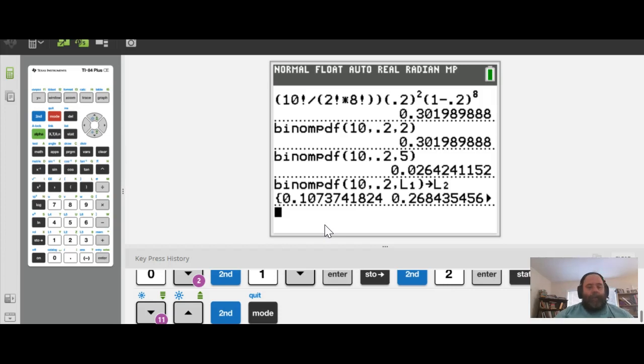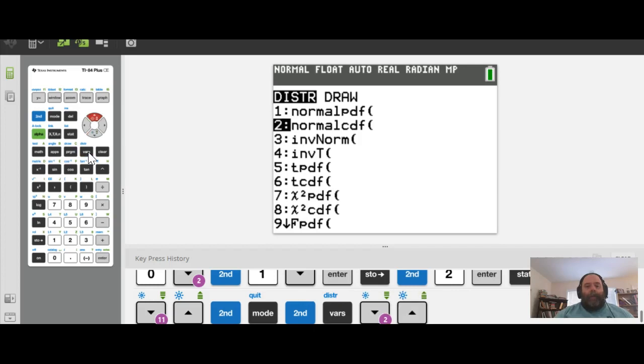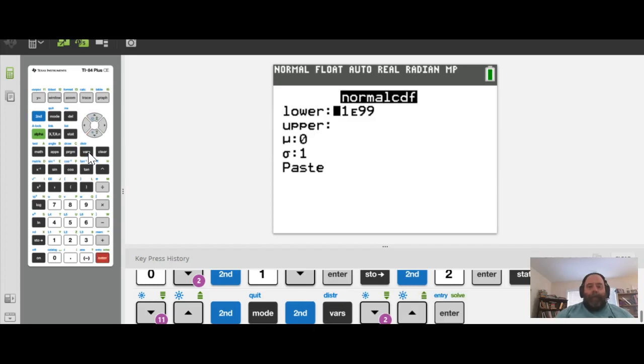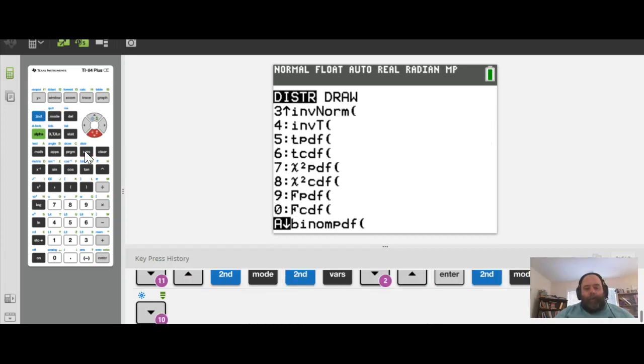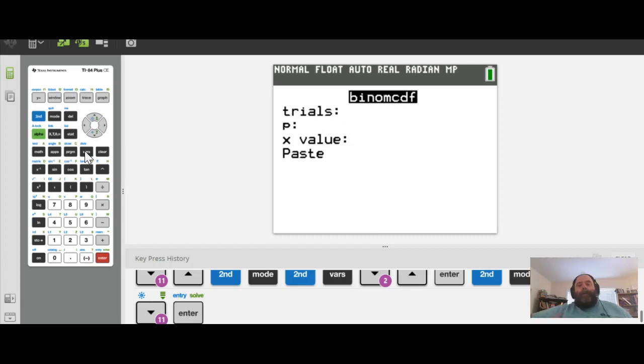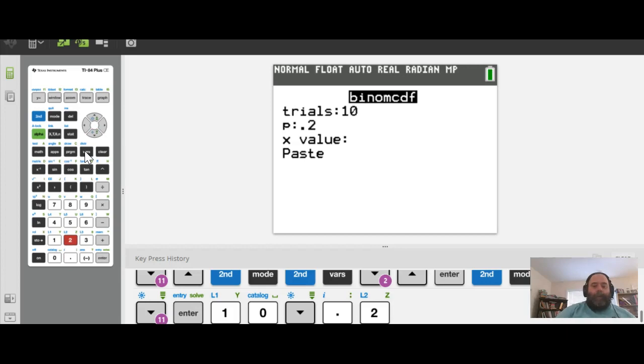Just so we're aware of what the binomial CDF does: quit, binomial CDF. The binomial CDF allows me to go up to a certain number. So with 10 trials, the probability is still 0.2. Let's say I want the probability of getting 5 or less correct.